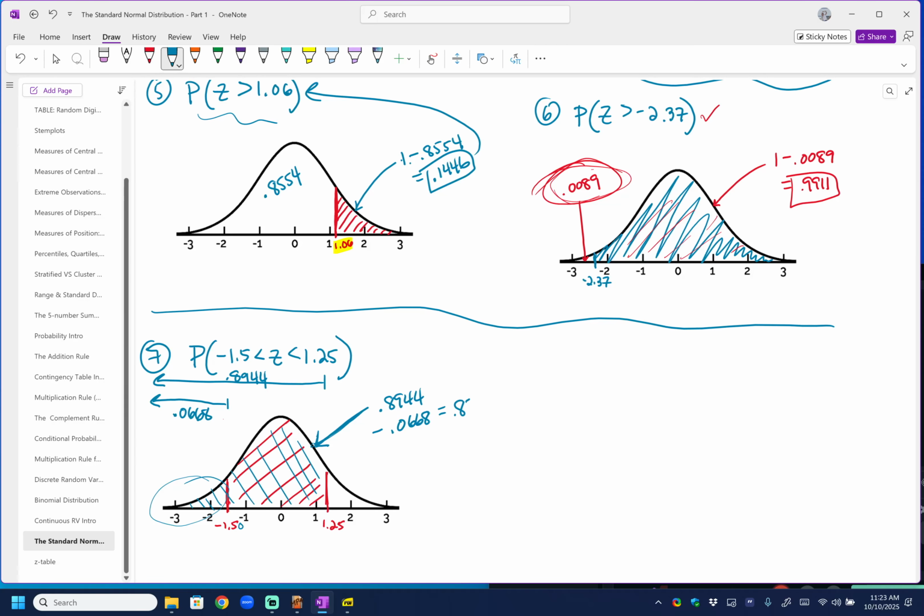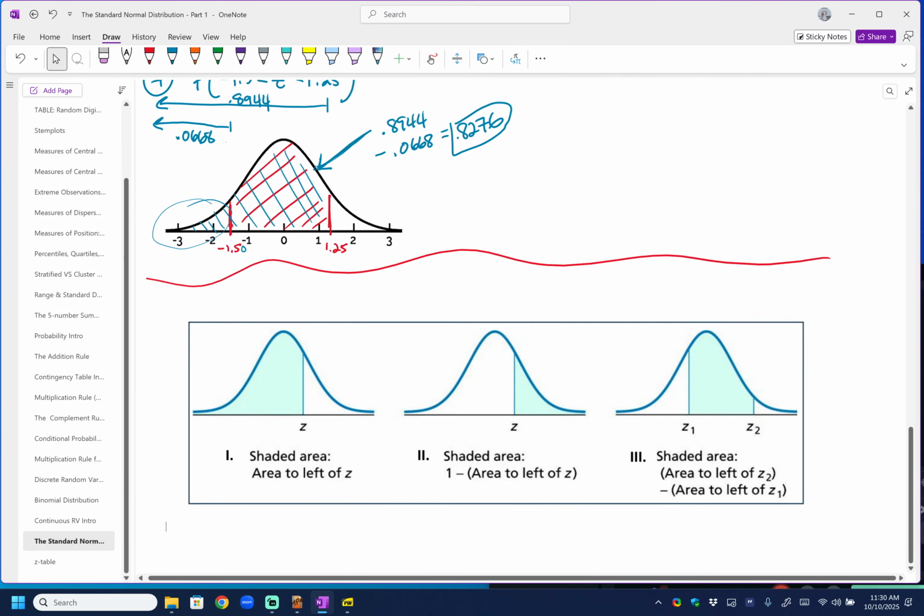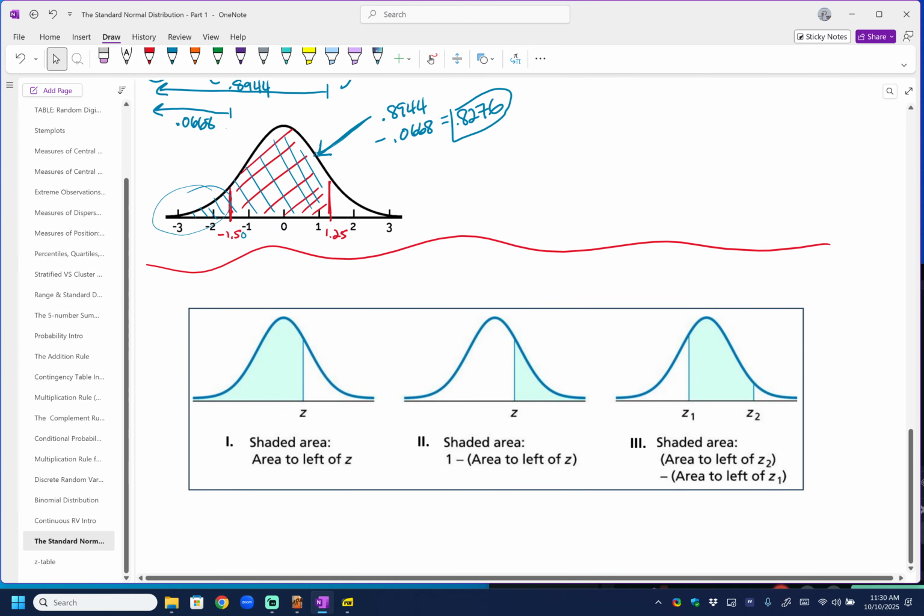and that is going to give me 0.8276. So in summary, you'll see that I have a sort of a write-up here on how to find a shaded area in a curve. Anytime you have the area to the left of z, then all you need to do is look at the z value up in the table, and it's going to give you the area that you want, because all the area in the table is to the left.